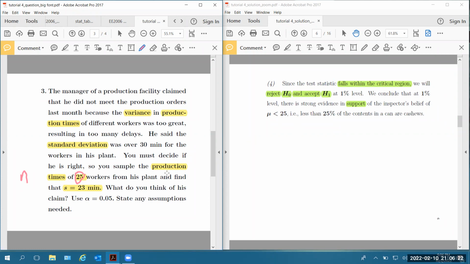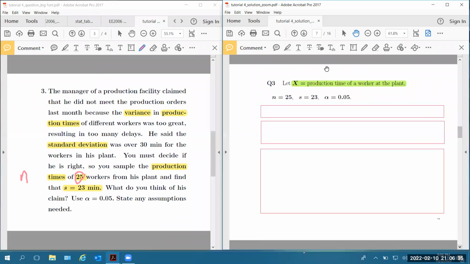Make sense? As for S equal to 23, this one is very clear. They're telling us that the sample standard deviation is 23. So maybe I write this down first. It's quite confirmed already: your X is the production time of the worker at the plant.